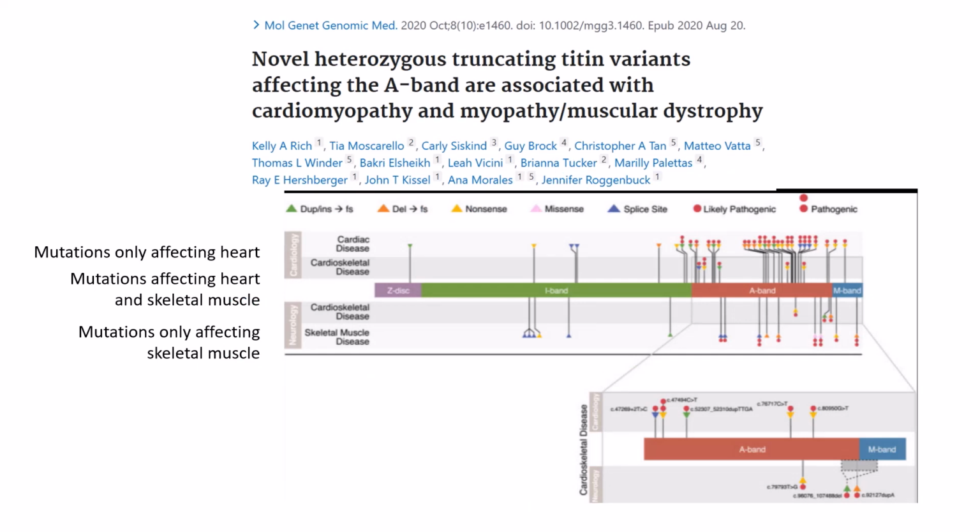Now, talking about titin, which is the protein responsible for LGMD 2J or R10.